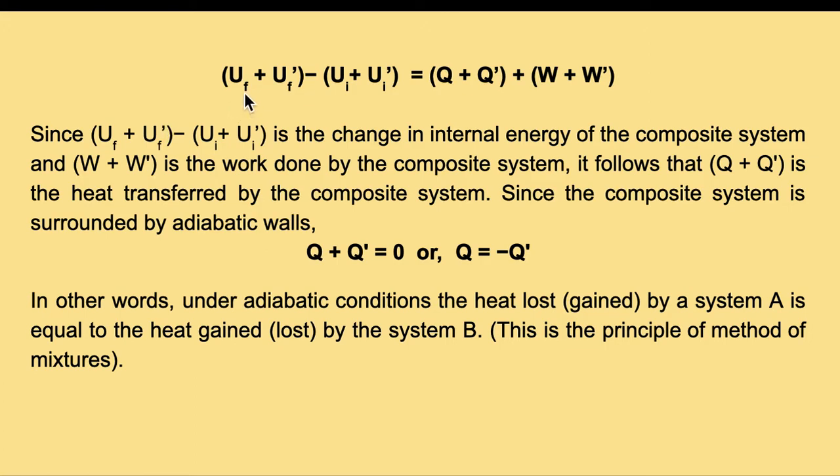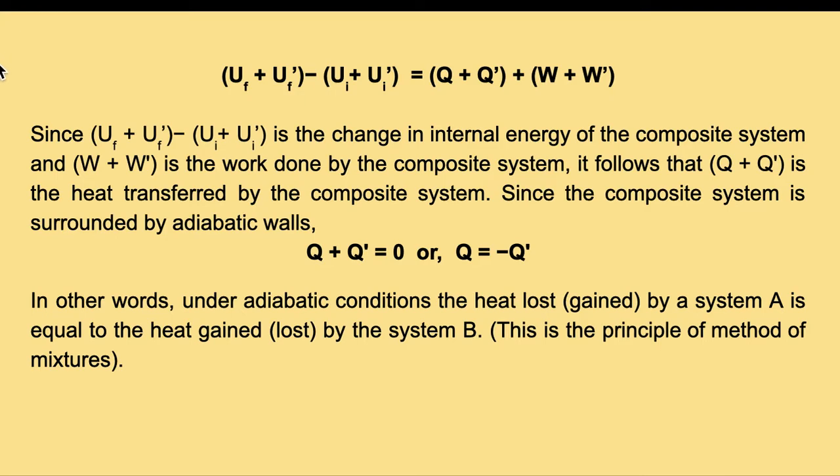So since UF plus UF prime minus UI plus UI prime is the change in internal energy of the composite system, that means A plus B, and W plus W prime is the work done on the composite system, it follows that Q plus Q prime is the heat transferred by the composite system. That is clear.